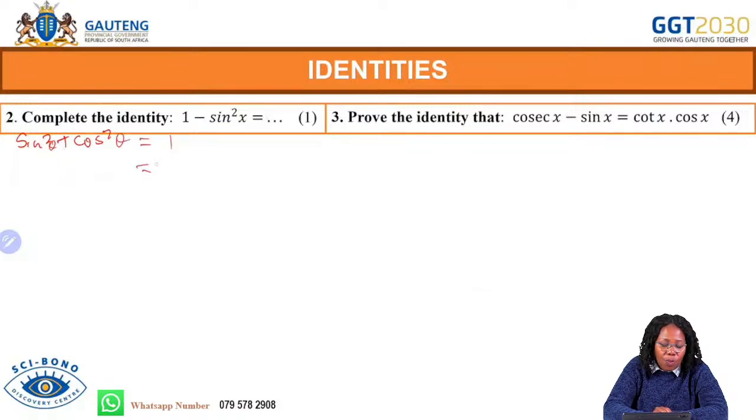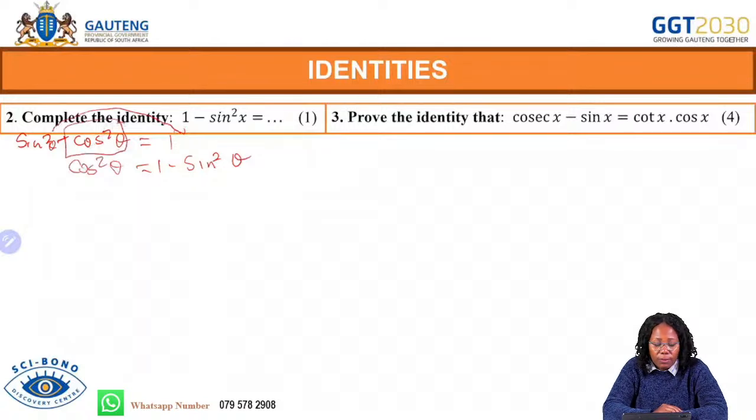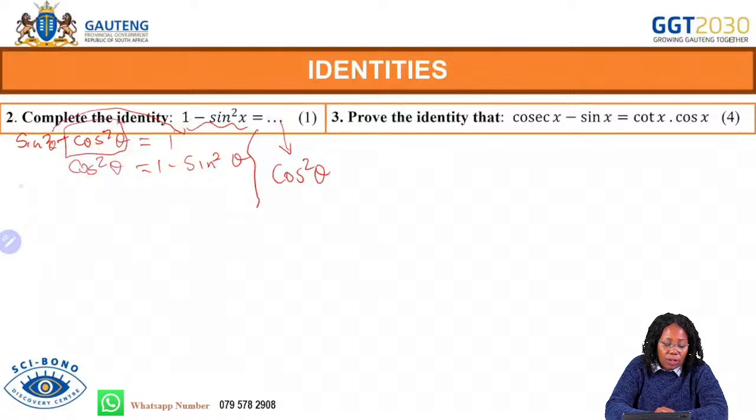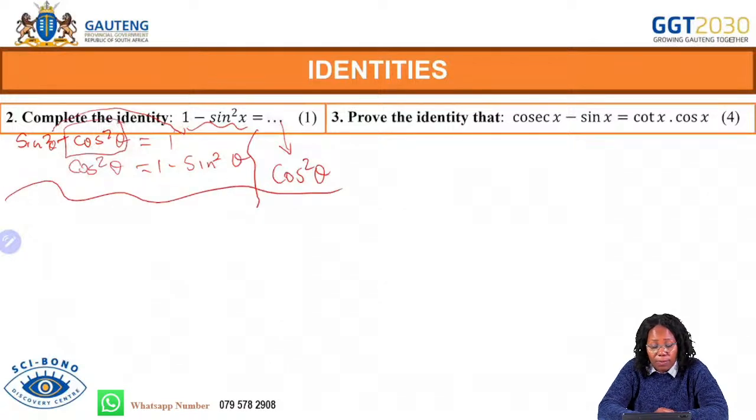So if it is 1 minus sine squared theta, that means they've taken this sine to this side. So you'll be left with what, grade 12? The cos squared theta. So this particular identity will be equal to the cos squared theta. So that is all we need there. Fill in the cos squared theta. Hence, it is only 1 mark.